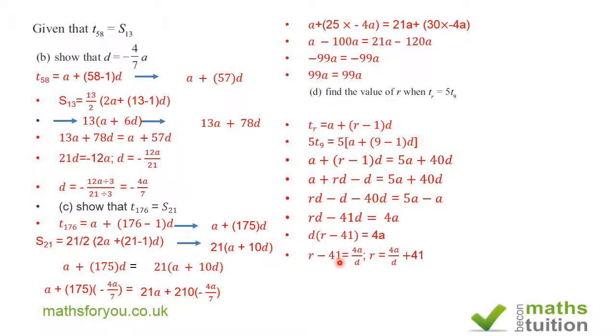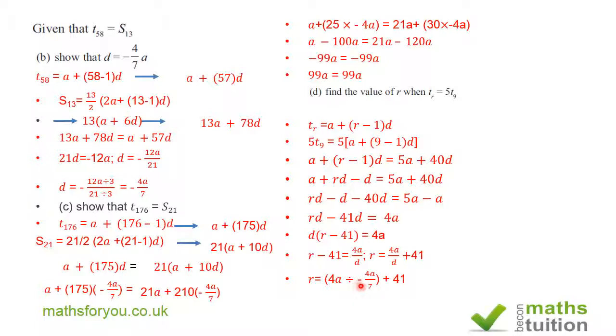If we then divide both sides by d, we have r minus 41 is equal to 4a over d. Now if we then add 41 to both sides, we end up with r is equal to 4a over d plus 41. Meanwhile, do not forget that d is minus 4a over 7.